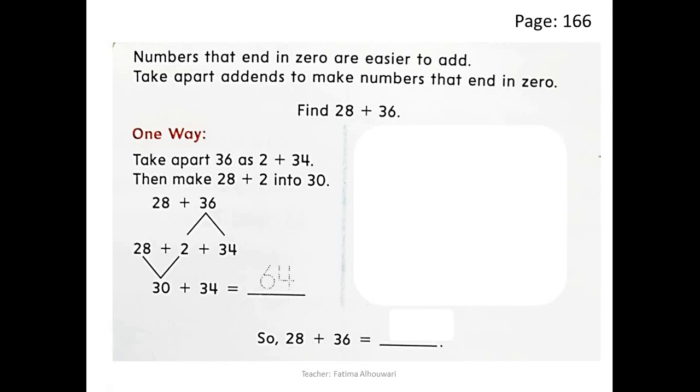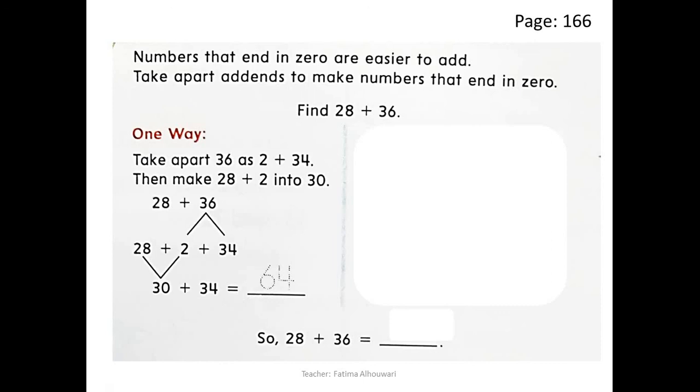Now the question is, can we make a 10 out of 36? What do you think? Of course, yes. Yes, we can. We have 36. How many counters do we need to add to 36 to have 40? What do you think? Of course, 4. We need 4. If we add 4 to 36, we will have 40.